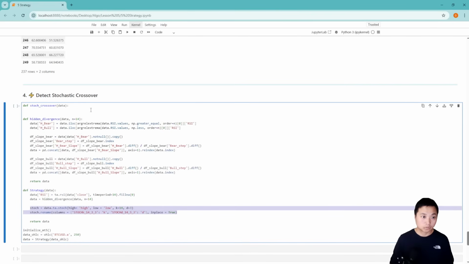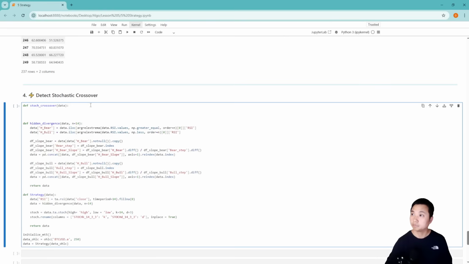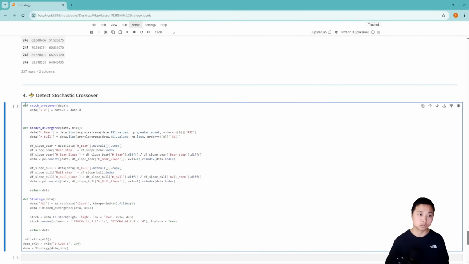The first thing is to calculate the difference between %K and %D, that is K minus D, equal to data.K minus data.D. This creates a new column that is the difference between K and D. If it's positive, %K is above %D, and if it's negative, %K is below %D.